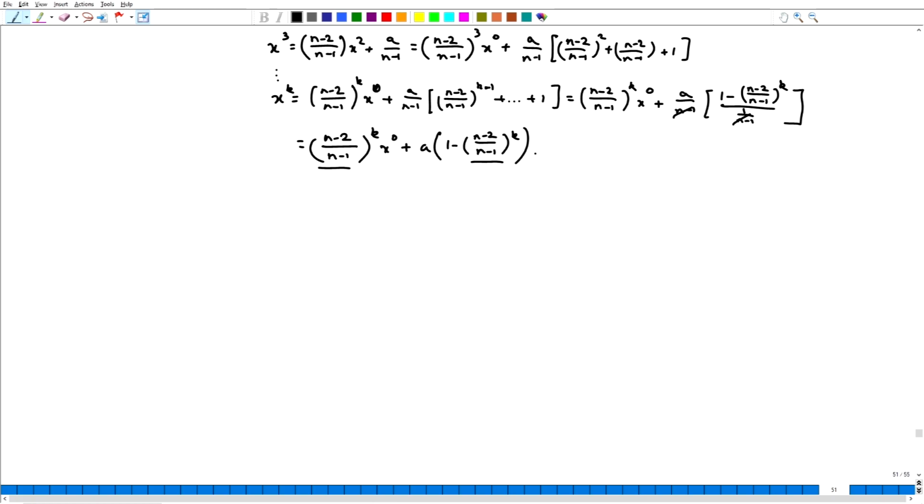What happens when n becomes large, when n becomes 10, n becomes 100? The movement towards a happens very slowly, right. So, it is like 1 minus x power k, where if x is low, the rate of increase is very slow, right.